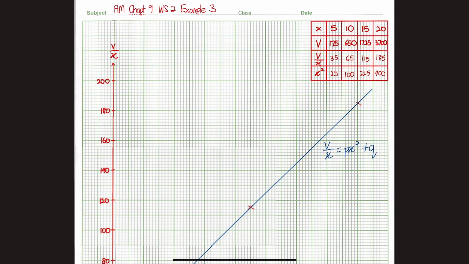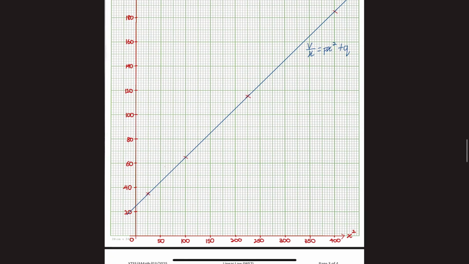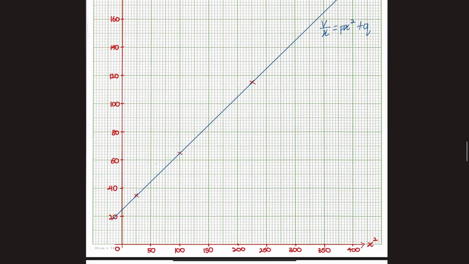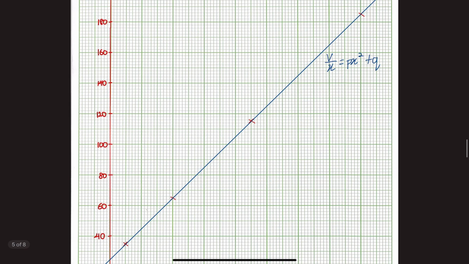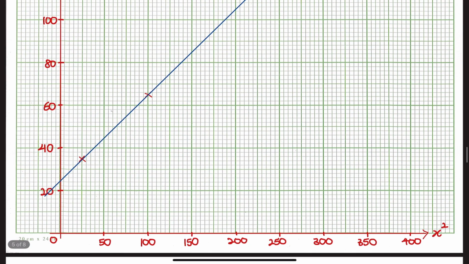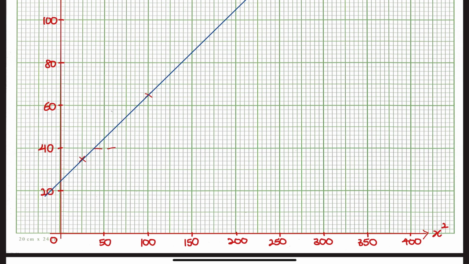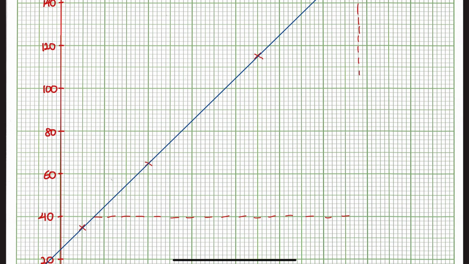Okay, so over here, gradient of the line, let's choose 2 points. I will pick maybe this point here. Okay. And perhaps this point. Okay. So please use your ruler. Based on your line, select 2 nice points that you can get the data from to calculate the gradient of the line.